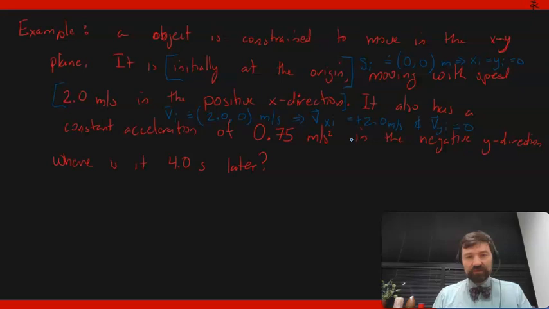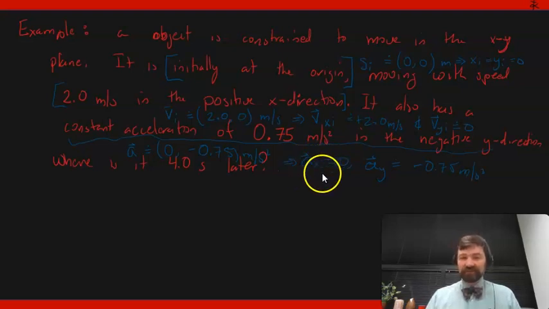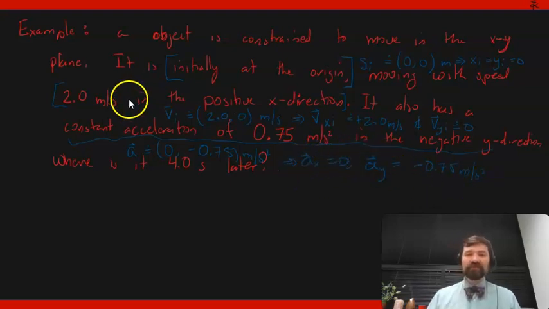Finally, it has a constant acceleration of 0.75 meters per second squared in the negative y direction. So the acceleration is 0, negative 0.75 meters per second squared; the x component is 0 and the y component is negative 0.75.